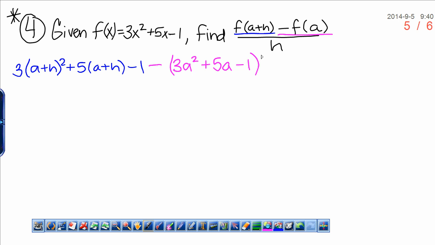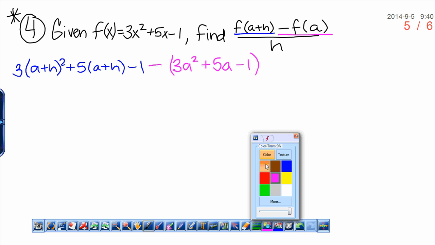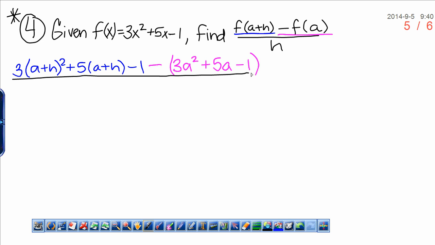Why did I put this in parentheses? Yeah, you have to subtract the whole f of a. And then it tells me to divide by h, which we won't deal with till the very end, but don't forget about it. Right now, all we've done is plug in. Everyone okay so far?